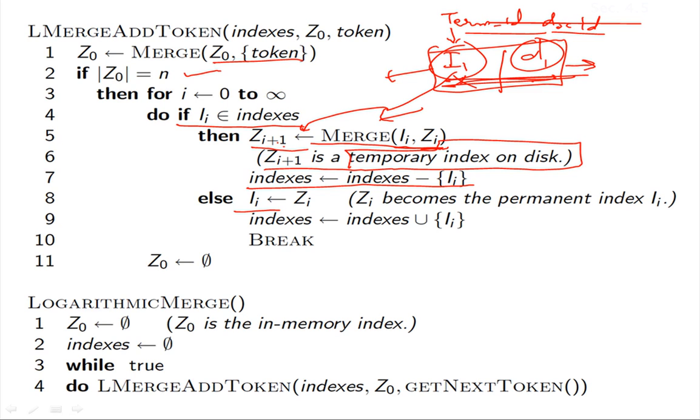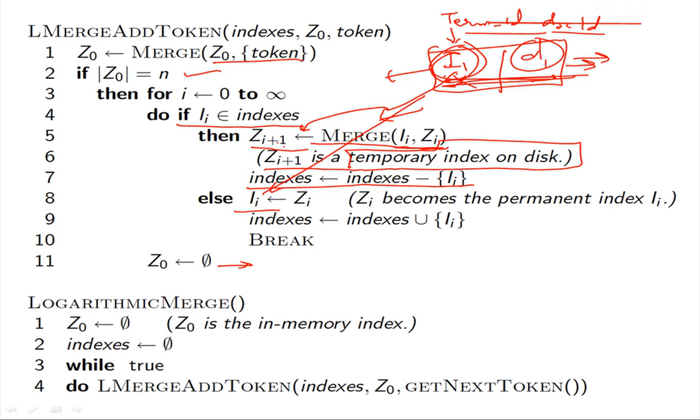Otherwise, add index I1 with the list, then increase the index list, merge, and then break. Now Z0 is equal to empty, until we get this list empty.